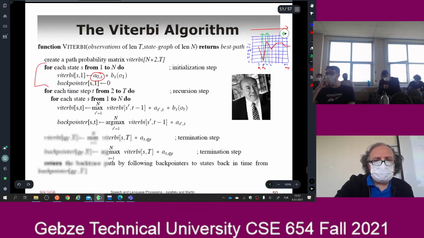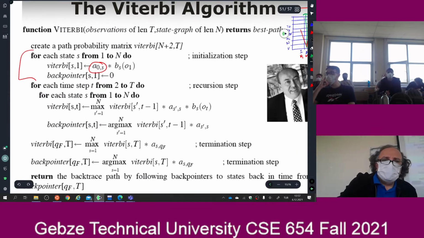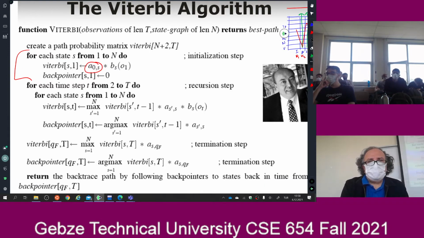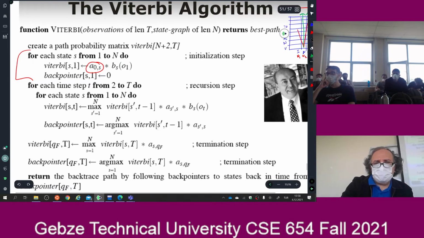What does it do at every step? It says that for a given box, T is the observation number, S is the state, choose this value.